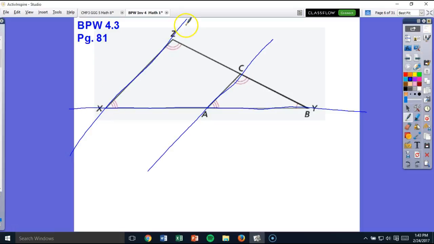So if we draw in our parallel lines and we have what we would consider our two transversals, well, that allows us to prove that the angles are the same because, based on our rules that we learned in investigation 3, we know that angle X is going to be the same as angle A, and angle C is going to be the same as angle Z. So we can look at that easily because we have parallel lines and see that this is a similar triangle.